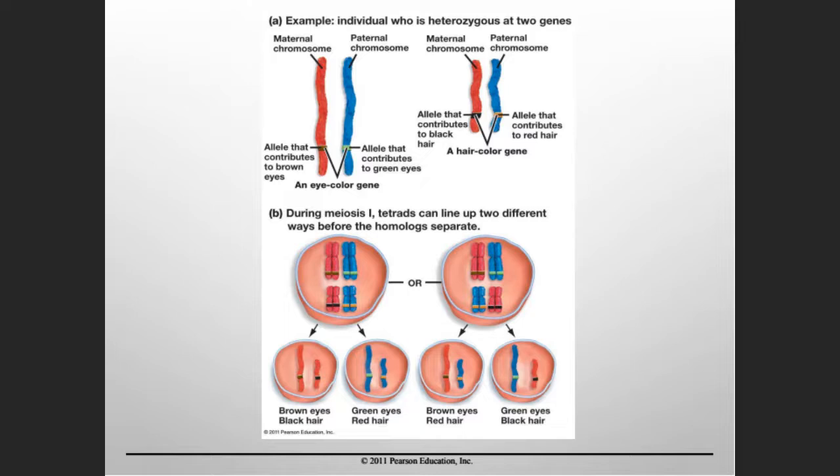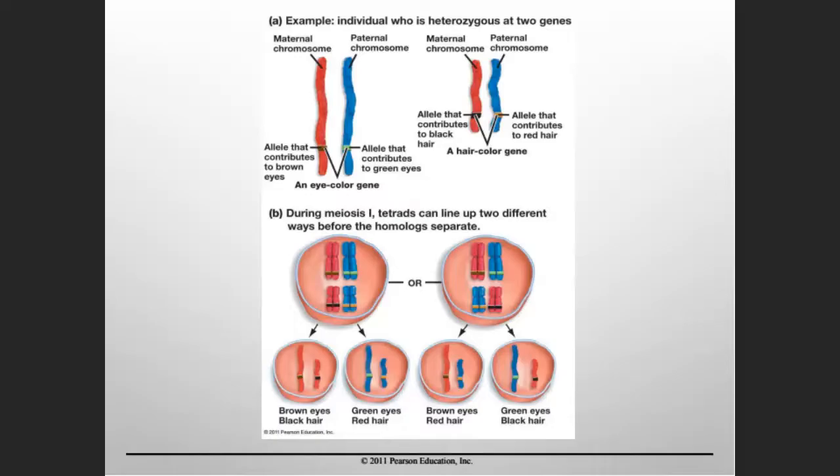During meiosis 1, the tetrads line up 2 different ways before the cells separate. They can line up this way, right? Or they can line up this way, okay? And when it goes through this separation, you notice how these 2 are on opposite sides of each other, because it's random.